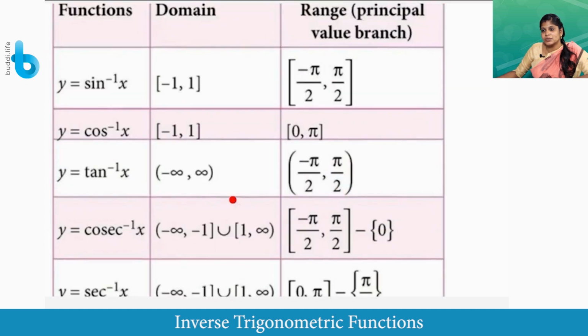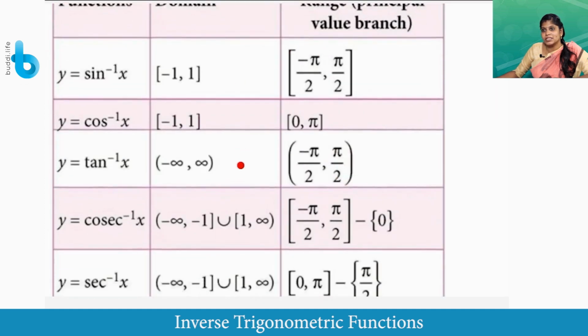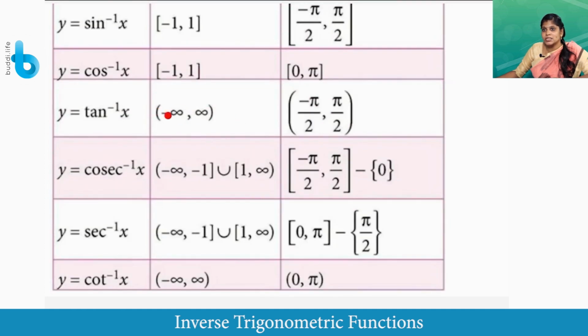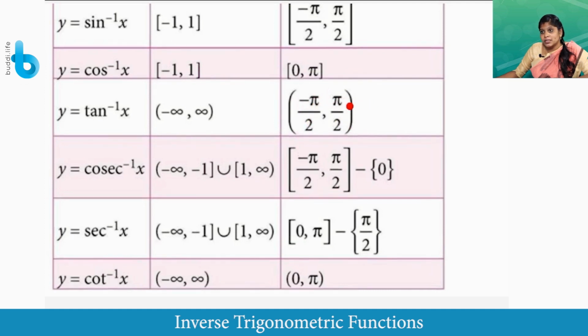In the previous ranges we have closed brackets, but here we have open brackets, which means infinity and minus infinity will not be included. The values between minus pi by 2 and pi by 2 will be included, whereas minus pi by 2 and pi by 2 themselves will not be included. That's why it is an open bracket. If it is closed, both these values will be included.